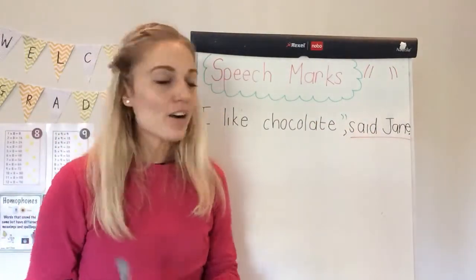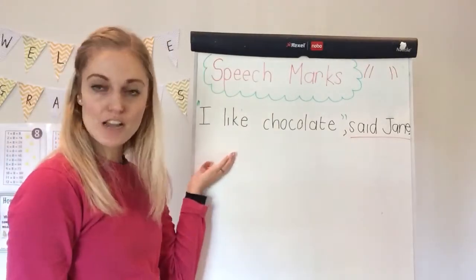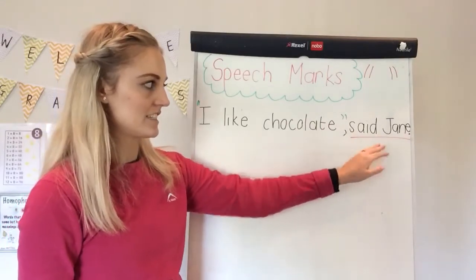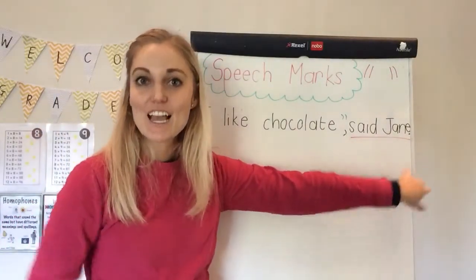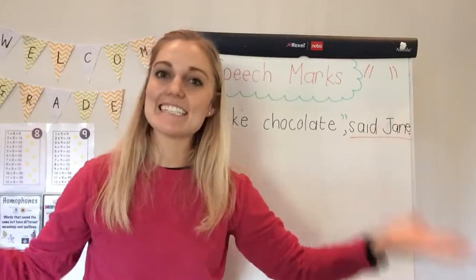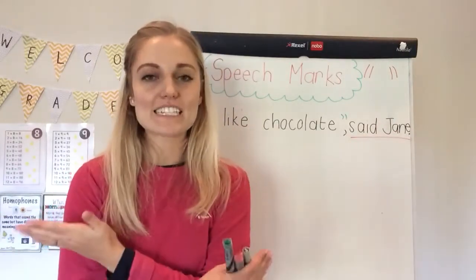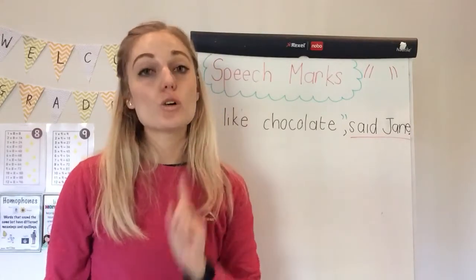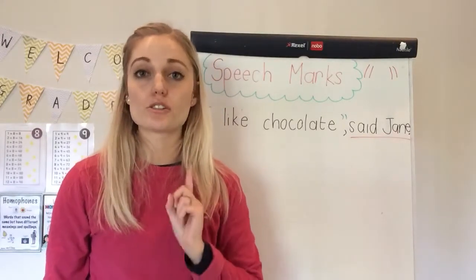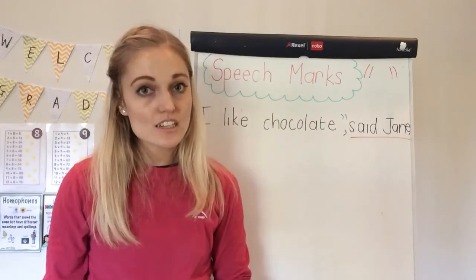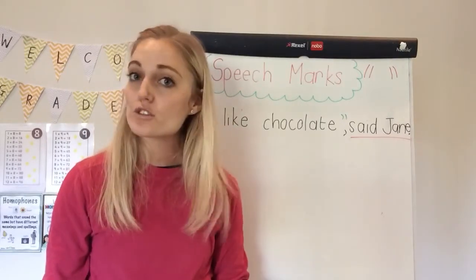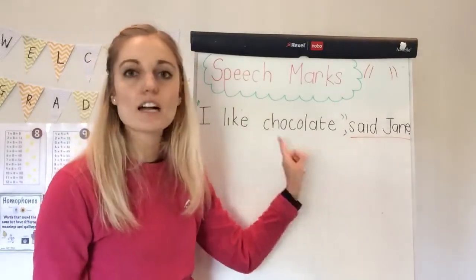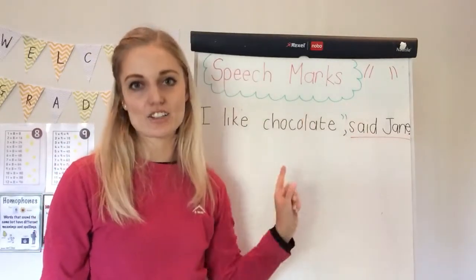So now I've got my direct speech, I've got my speech marks, I've got my comma to separate these two parts, and I've got my tag. So I'm done. As easy as that. There we've completed our first sentence with our speech marks. It's also very important to remember to use the correct punctuation. We start a sentence with a capital letter, we end it with a full stop or exclamation mark or question mark, and then we use our comma to separate our tag and our direct words.